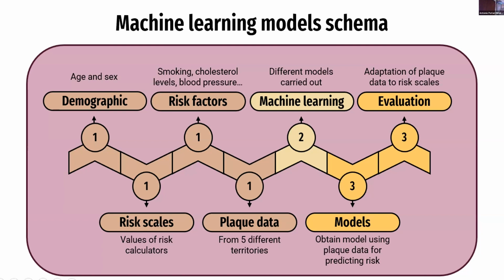So we obtain the values of risk of every patient, risk factors, which were the use of these scales and many others, and plaque data, which is the novelty, from 5 different territories, which are aortoiliac and femorals and carotids. When we have all these features, we carry out different machine learning models. And when we have the models, we evaluate them so as to know the adaptation of plaque data to the current traditional risk scales.